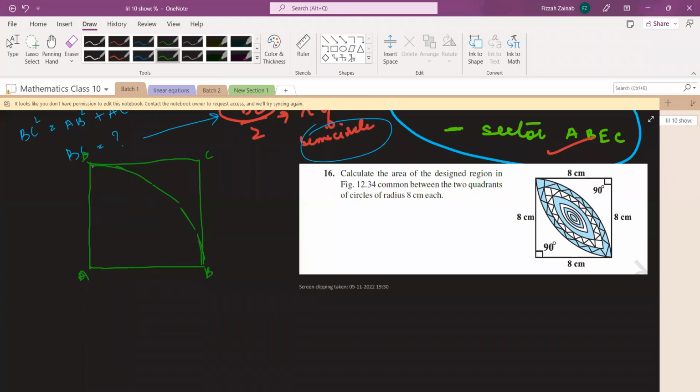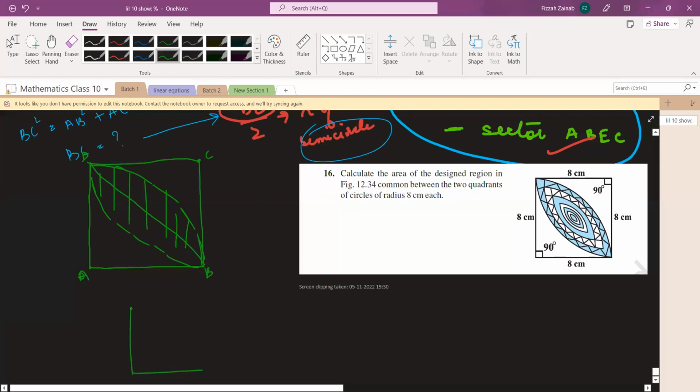And I just join this diagonal. And if C is the center of another circle, then the quadrant will be this. Is that clear? So I actually need this complete area, and I'll do it one by one. I find just one quadrant.